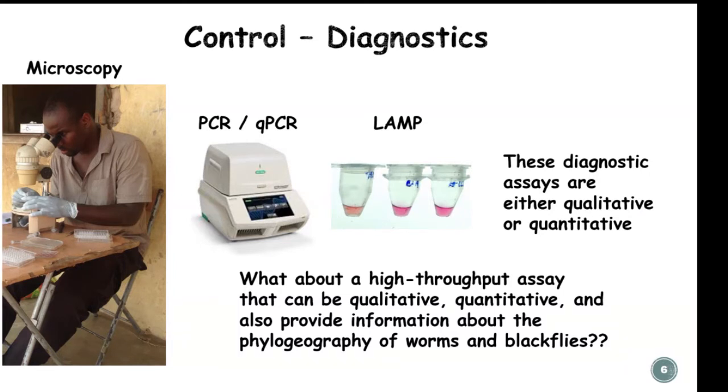But we are asking ourselves, what about using an assay that can be qualitative and quantitative at the same time, and also provide information on the phylogeography of worms and also of the black flies that are involved in this disease.